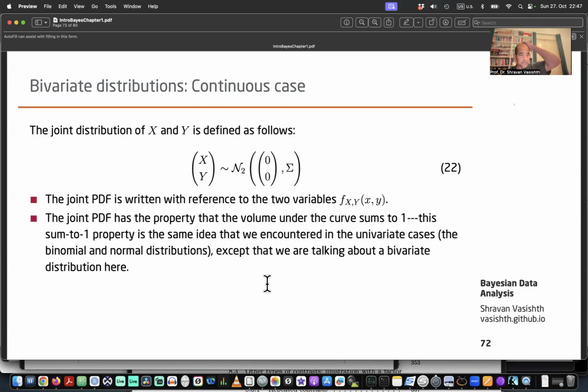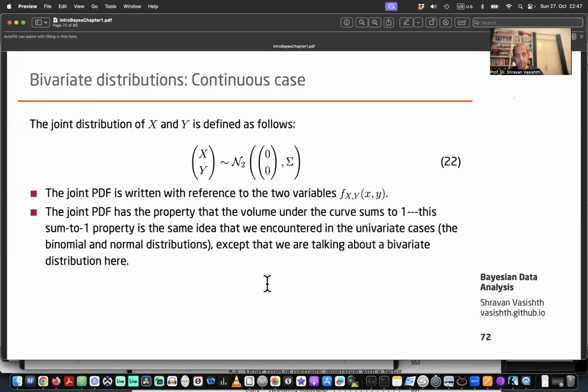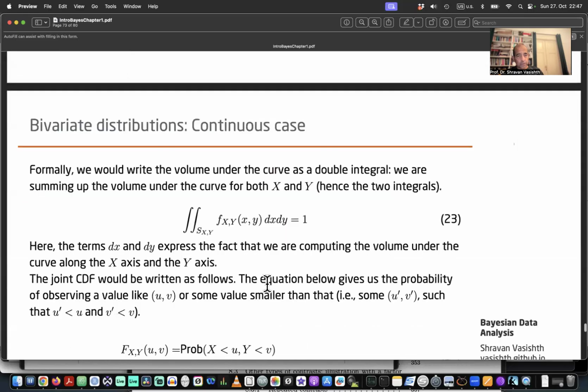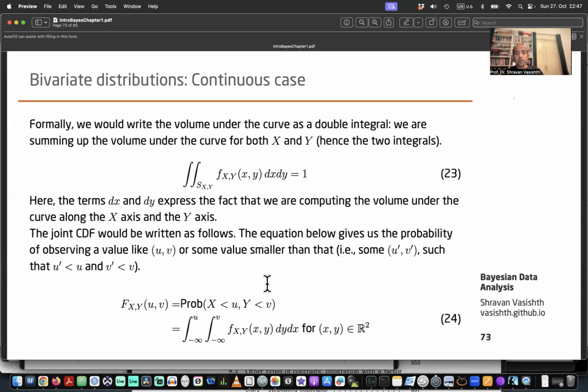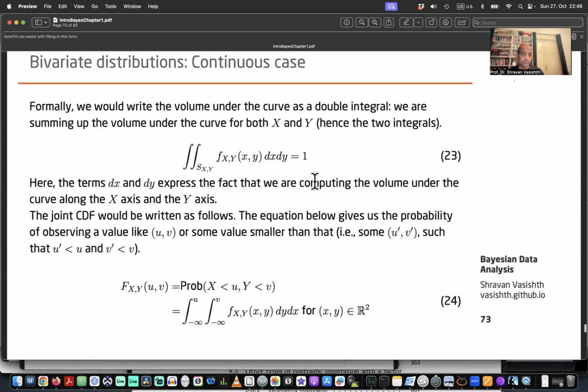It's a joint probability density function, right? So it has that sum to one property because the area under the curve represents the probabilities, right? So the volume under the curve would be computable using a double integral, right? So we're going to integrate with respect to x and y, and we're going to integrate the joint probability density function. And the stipulation here is for this joint probability density function to be a proper probability density function, the volume under the curve has to sum to one. Okay.